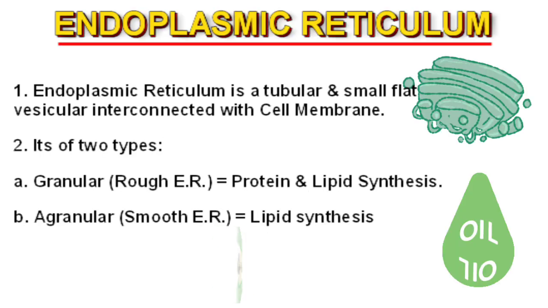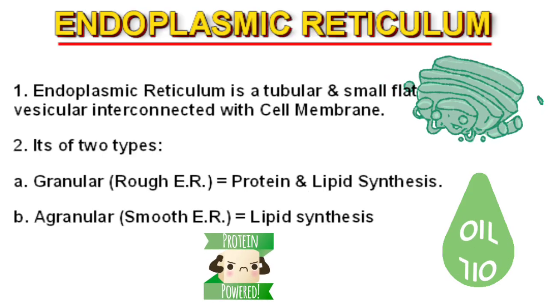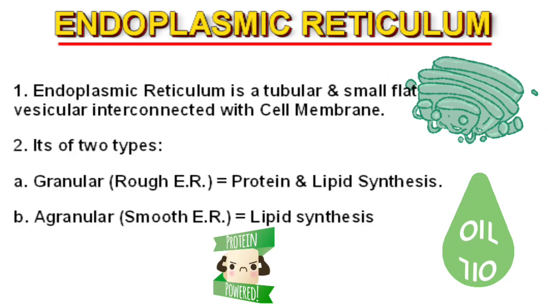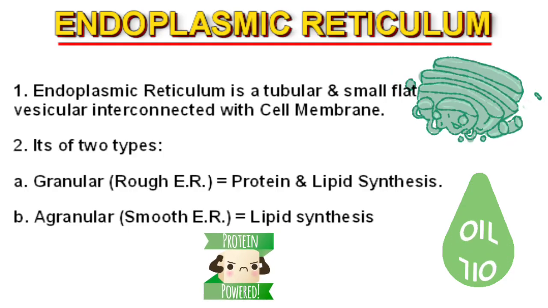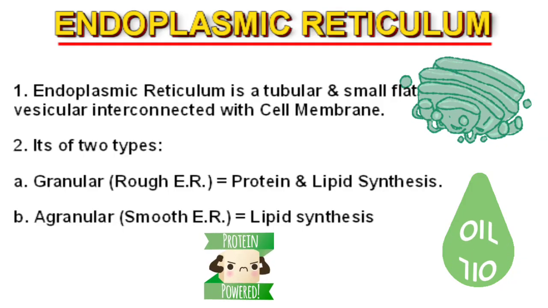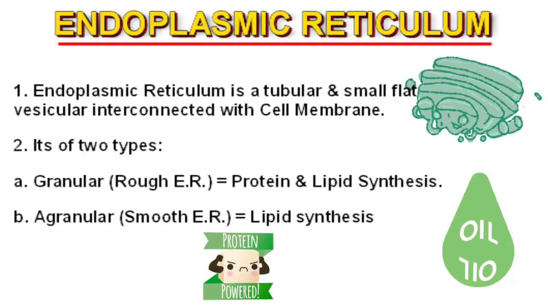The next organelle that we study is ER, endoplasmic reticulum. It is a tube-like structure with small vesicular interconnections that interconnects cell membrane to nucleus. It is of two types, that is granular and agranular. The granular is also known as rough endoplasmic reticulum that helps in protein and lipid synthesis as it contains ribosomes.